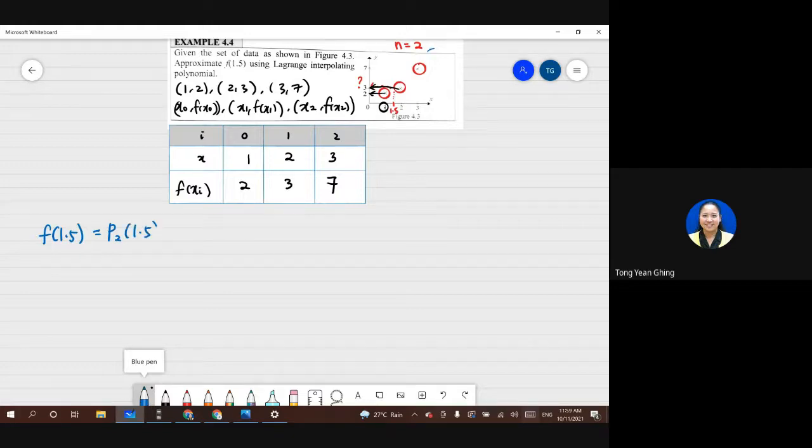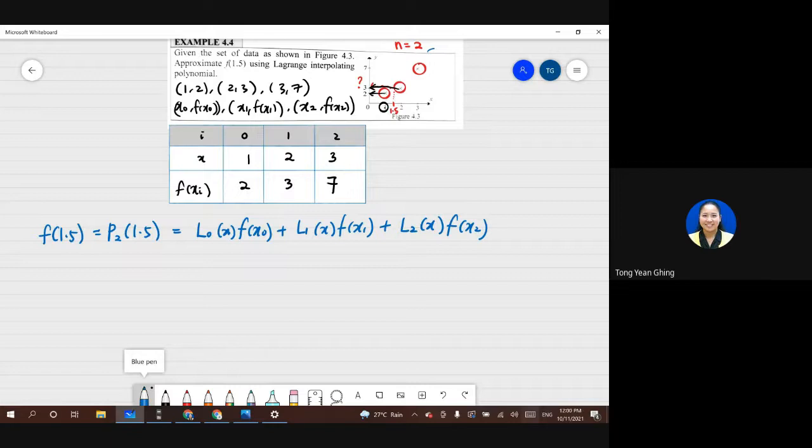P2(1.5) equals L0(x) f(x0) plus L1(x) f(x1) plus L2(x) f(x2). Okay, so this is the polynomial formula of this Lagrange interpolation polynomial.